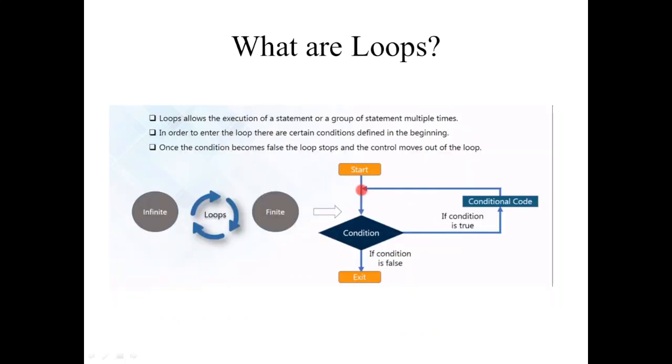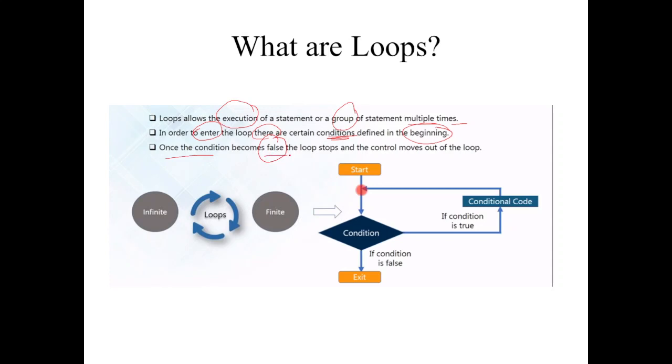From this example, we can conclude that loops allow the execution of a statement or a group of statements multiple times. Whenever we enter the loop, certain conditions are checked, and these conditions are usually at the beginning or end of the loop. As long as the condition is true, the loop keeps on repeating.